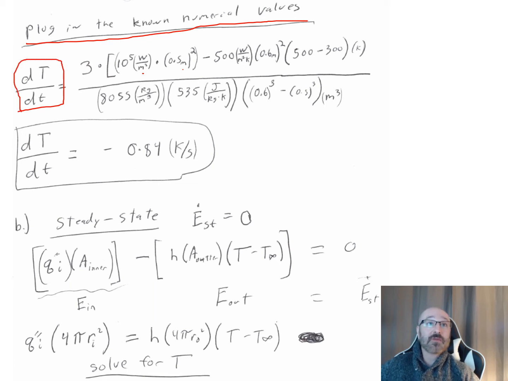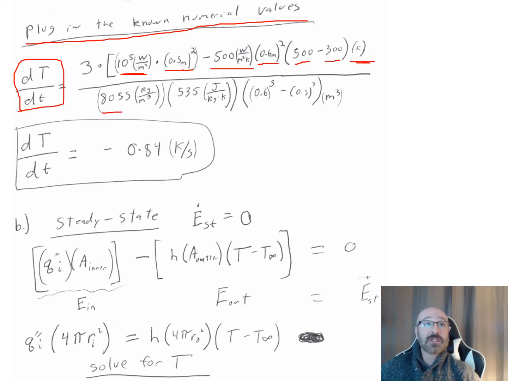So we plug that in, our 3 is right there. This was given to us: that heat flux value is 10 to the 5th in units of watts per meter squared. We have our radius here of 0.5 in units of meters squared. Our value for H was given to us as 500 watts per meter squared times Kelvin, times our outer radius of 0.6 meters squared, times our temperature difference of 500 minus 300 Kelvin.